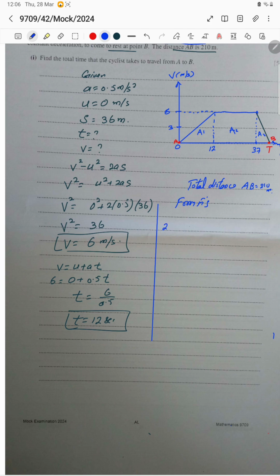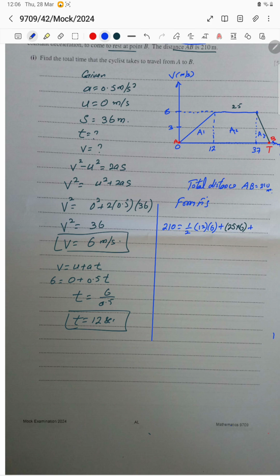So total 210 is equal to one half base into height, that is, half times 12 times 6, plus A2 is what? A2 is a rectangle. I'm going to change the color. This is 25, so 25 by 6, plus again the final one, A3 is what?